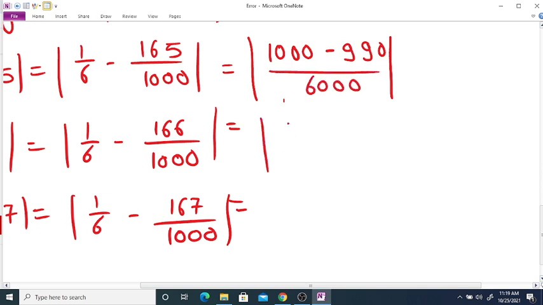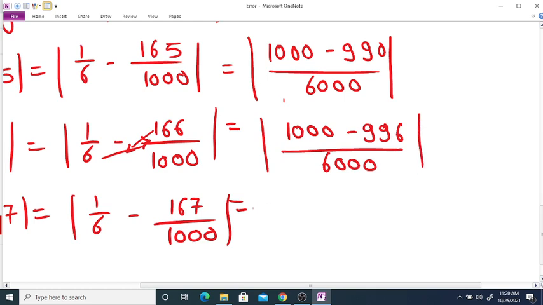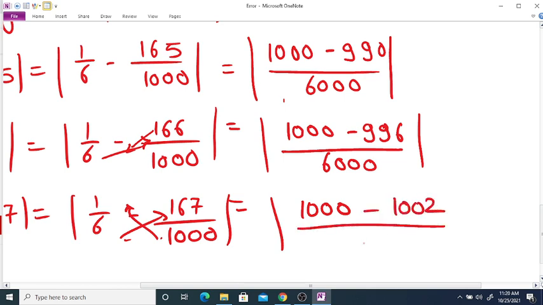Then here it is 1000 minus 166 into 6, which is 996, divided by 6000, and here, if you take the LCM and multiply 1000 to the 1 and 6 to 167, then 1000 minus 1002 divided by 6000.